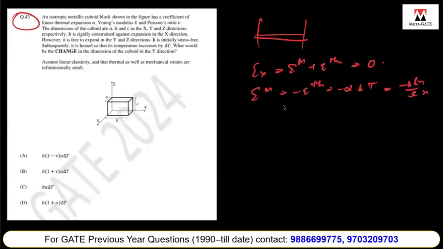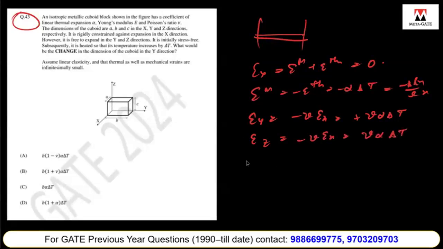And now epsilon y is equal to minus nu times epsilon x, which is equal to nu alpha delta T. In the same way epsilon z is minus nu times epsilon x, equal to nu alpha delta T. So the total strain in the Y direction is the thermal strain in Y plus the strain due to the X direction, which is minus nu times epsilon x.